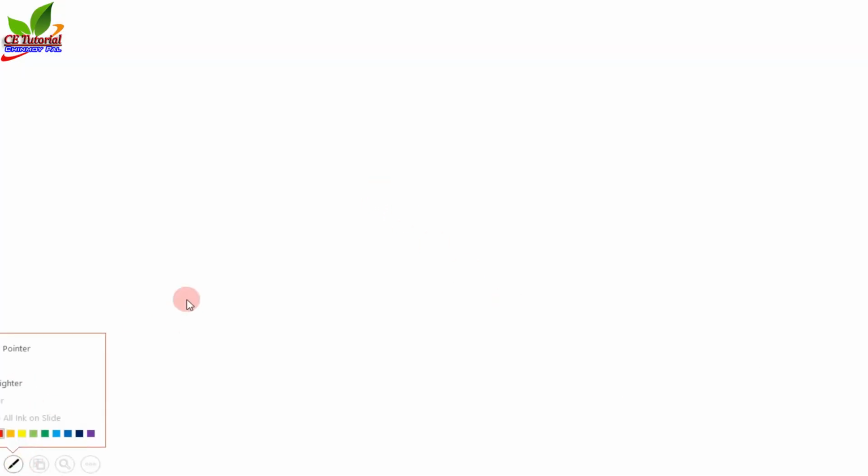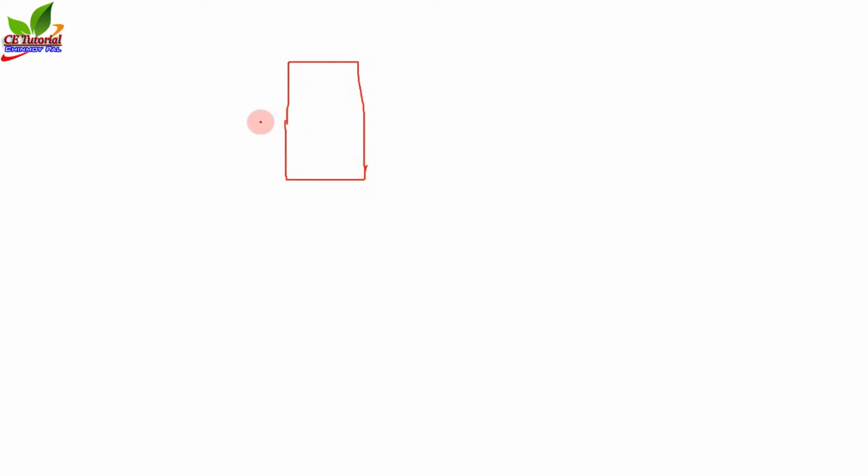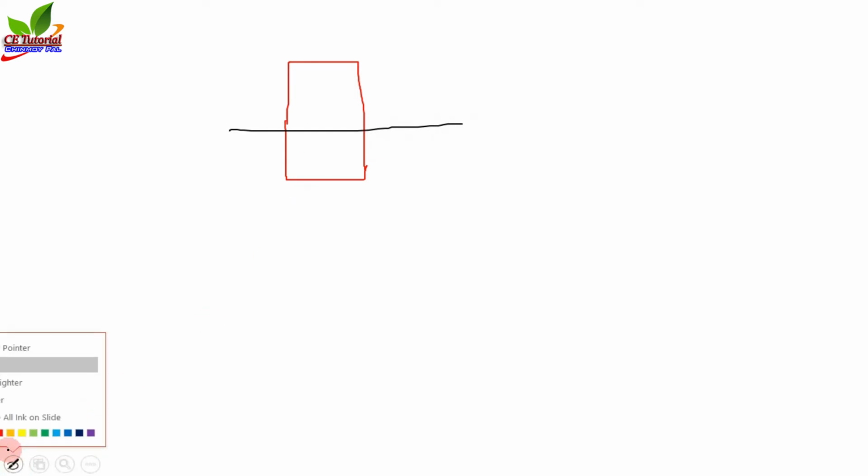when you are going to design a beam? Suppose this is a rectangular beam, and say this is the neutral axis. So this is the reinforcement.